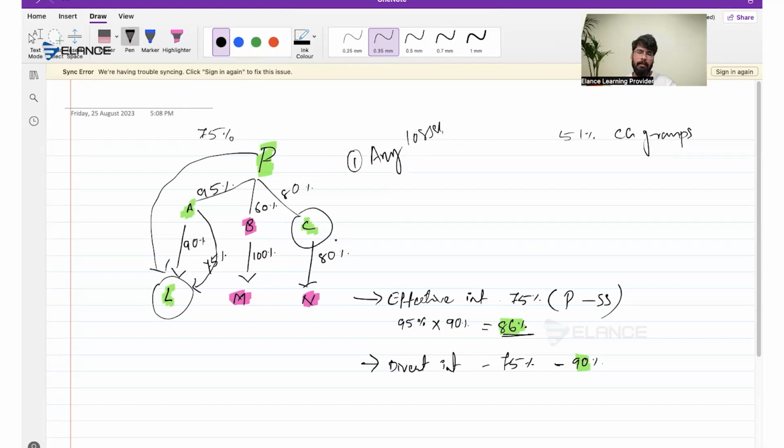It is not necessary to set off the losses against C company. So between the 75% group companies, they can transfer trading losses.